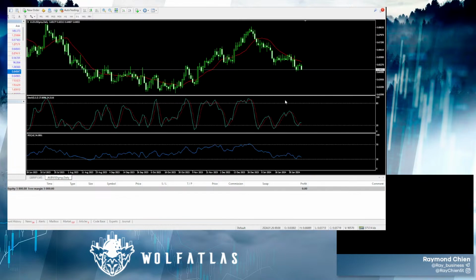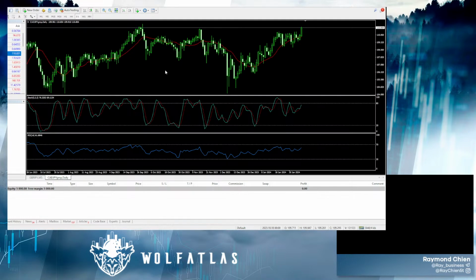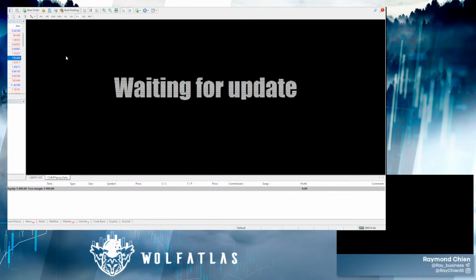Our AUD USD, ooh, this one is very interesting. It's not super accurate in terms of a buy order, but the signal was almost there. So we'll keep a note of AUD USD. We'll come back to that later. All right, CAD CHF, nothing. Ooh, very close. The CAD yen pair, CAD JPY, is very close to a potential sell, but not there yet.